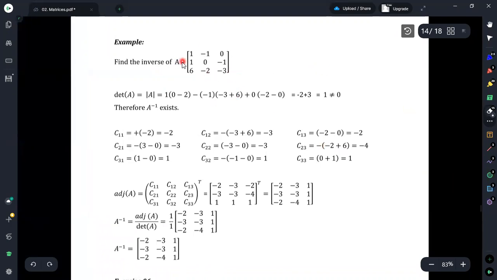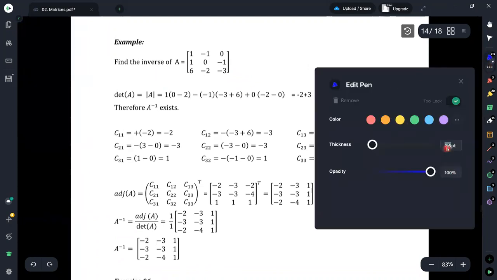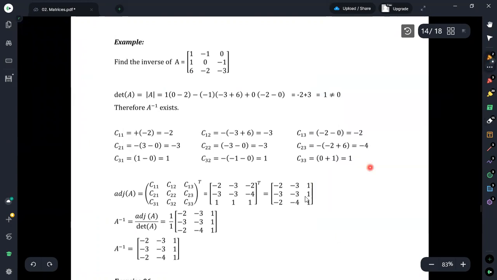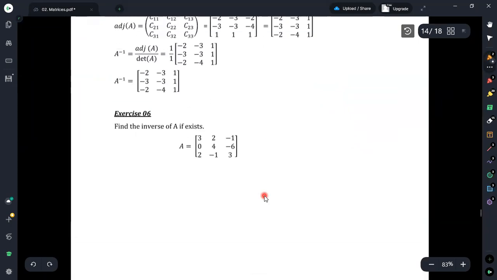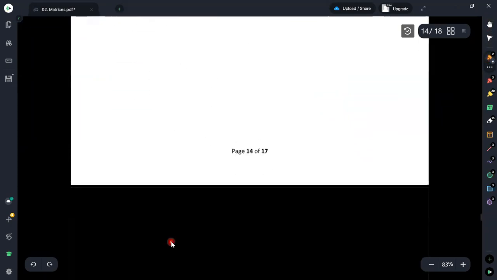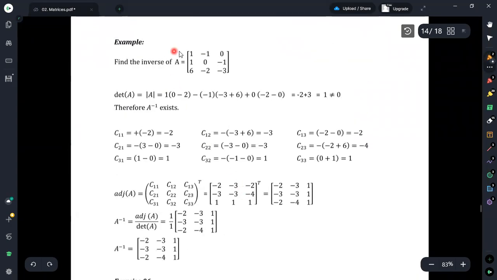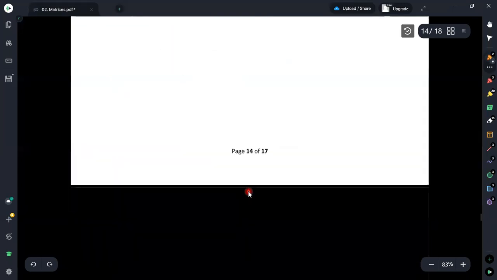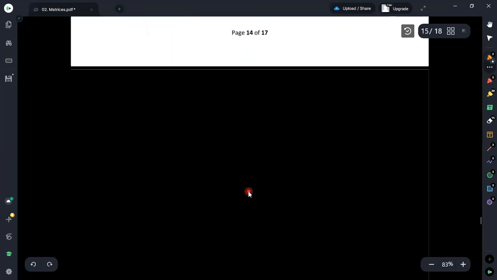Therefore, first I will take this matrix. If I write down the matrix, A has the elements 1, minus 1 and 0.